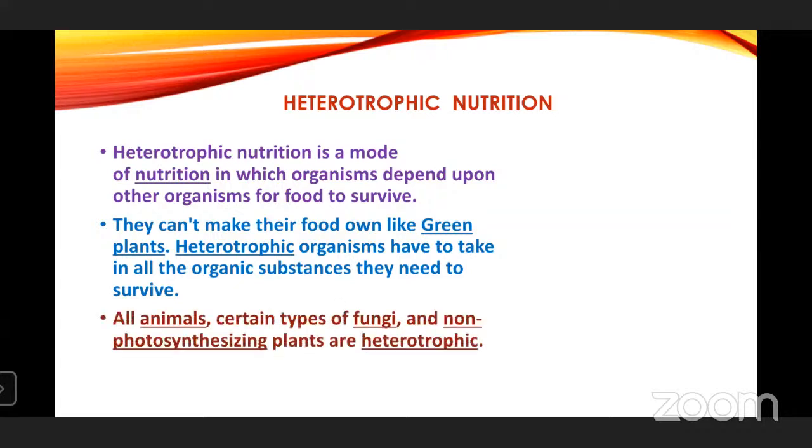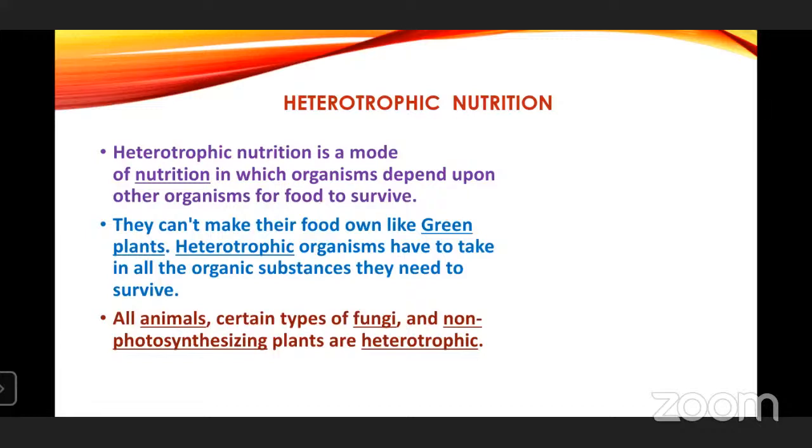And dear friends, all animals, of course, even human beings are considered animals, certain types of fungi, and non-photosynthesizing plants are heterotrophic.